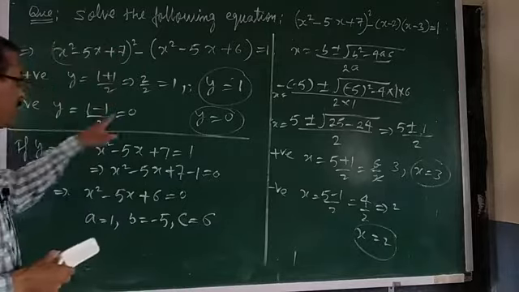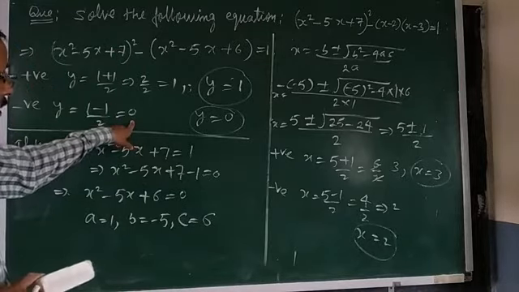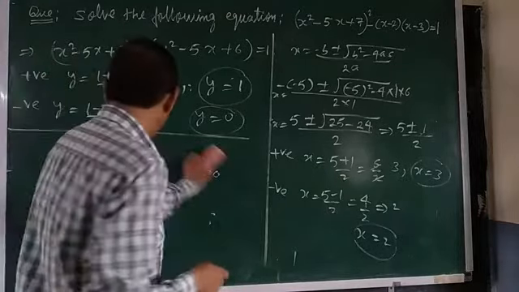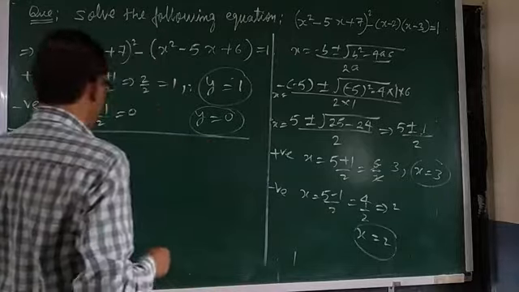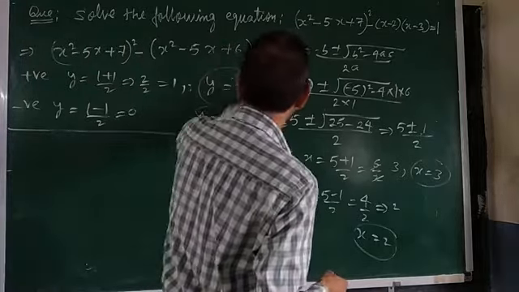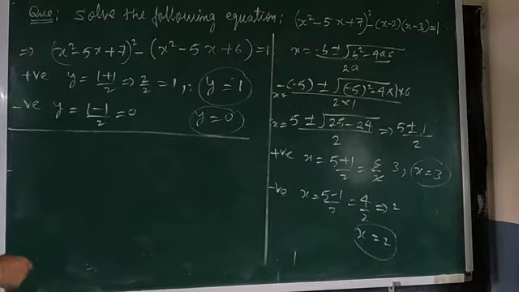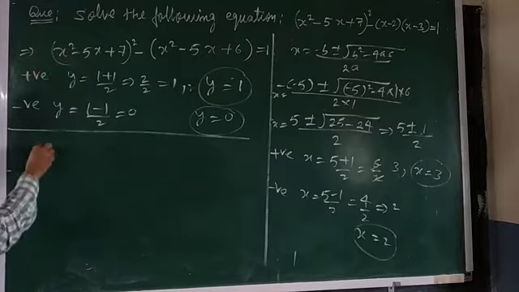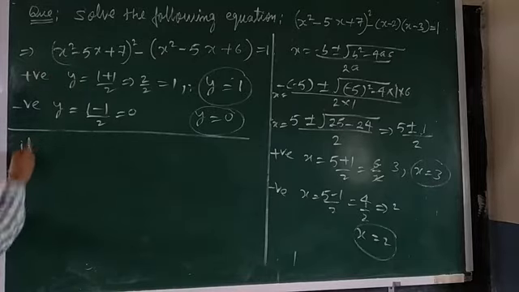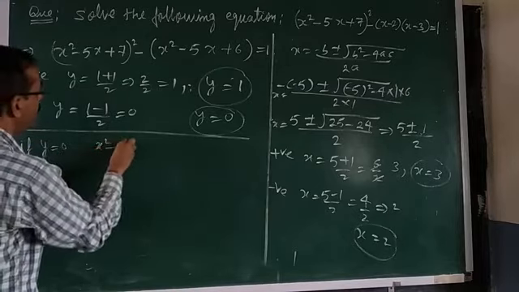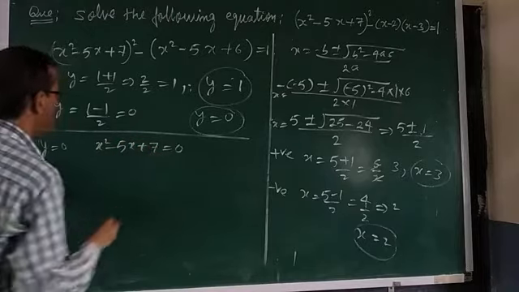Now we have to take y is equal to 0. If y is equal to 0 is taken here, it means that x square minus 5x plus 7 is equal to 0.